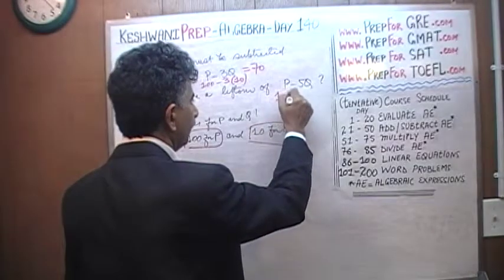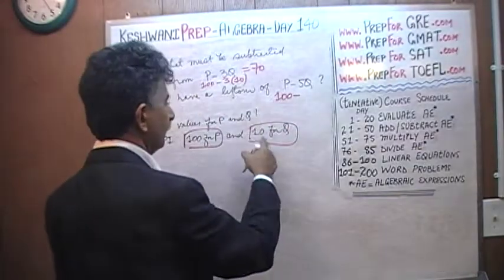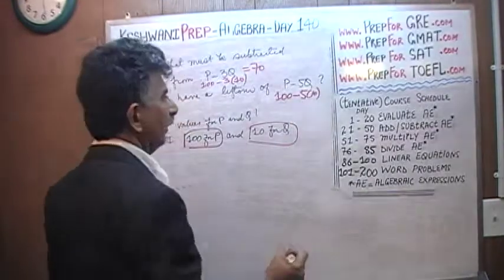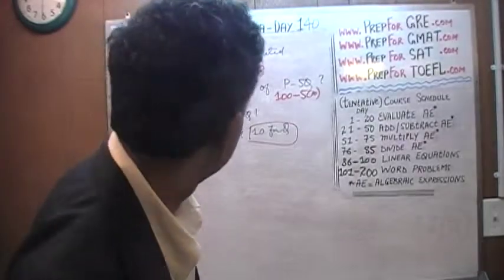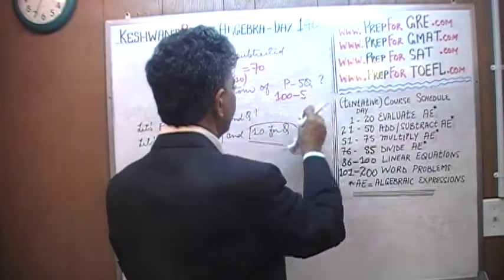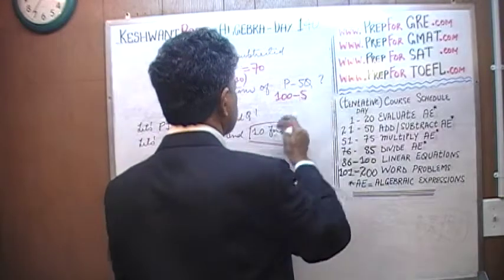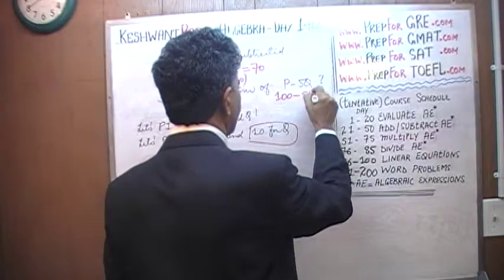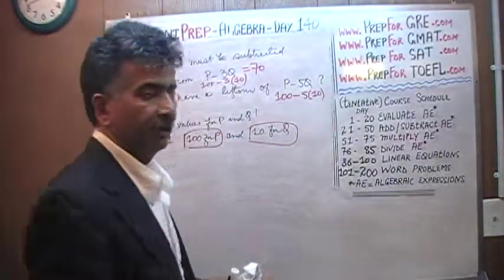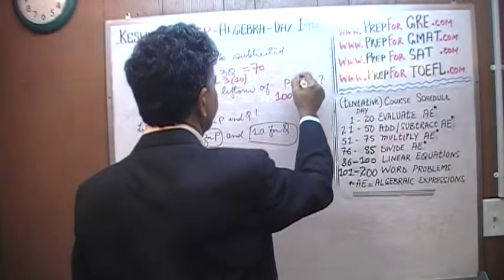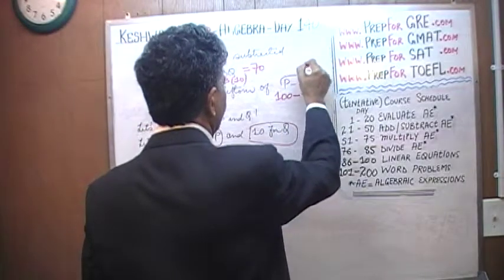P is 100, minus 5Q, and 5 times 10 is 50. 100 minus 50 is 50. This whole thing is 50.